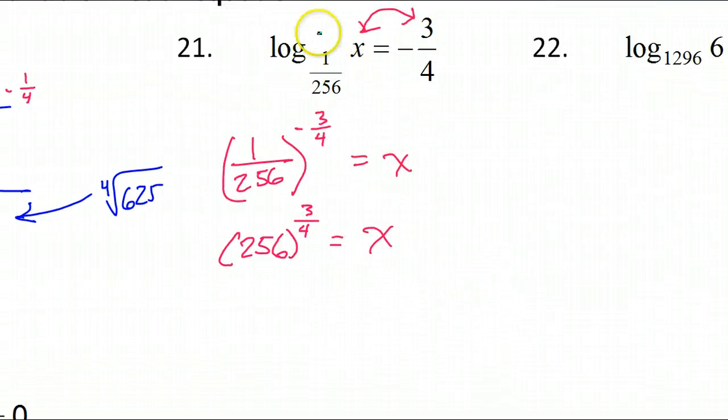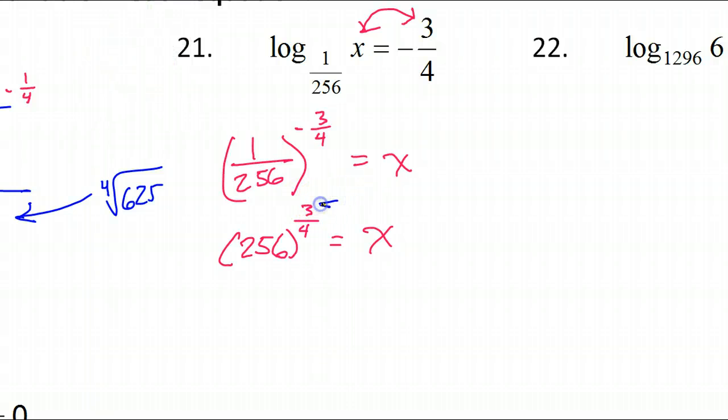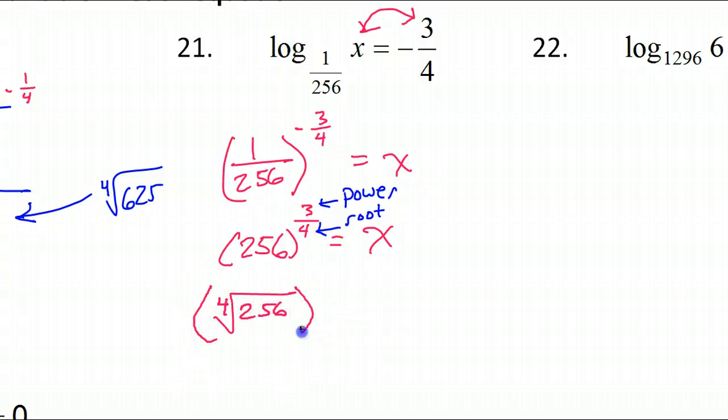Okay, now, do you remember that when you have a fractional power, this 3 is the power, and this 4 is the root. Power over root. So let's go ahead and rewrite this in radical form. So it's a fourth root of 256, remember? And then it'll be all to the third power.